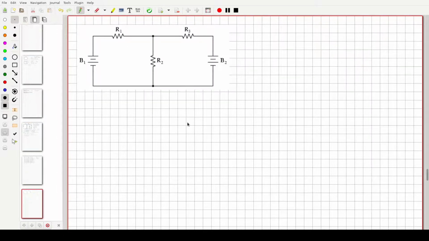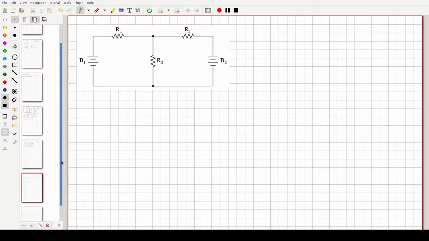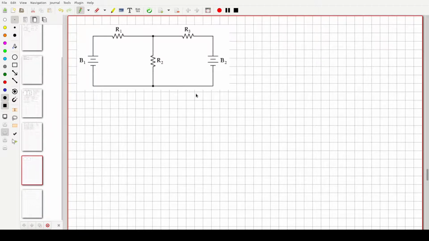Now that said, what I'd like to do, just to mention, and it is a very useful tool, is to talk about something called Kirchhoff's loop rule.